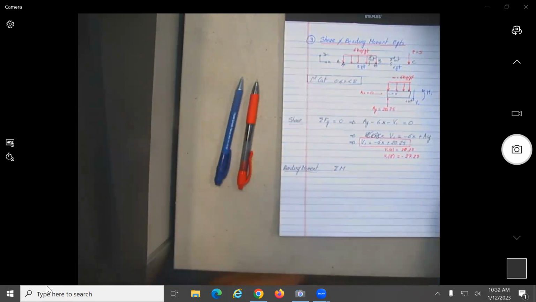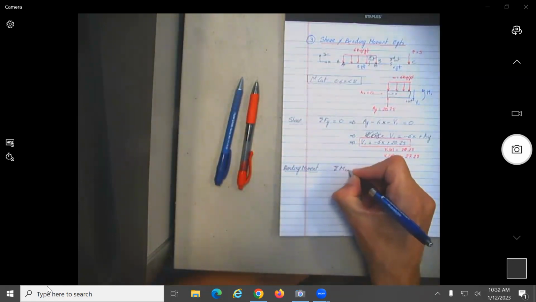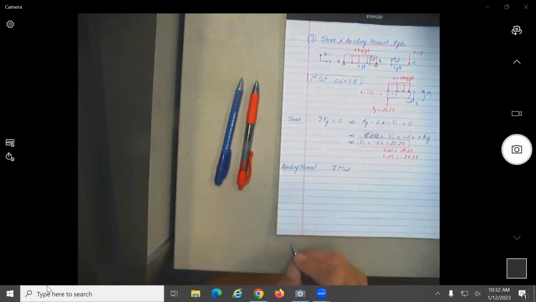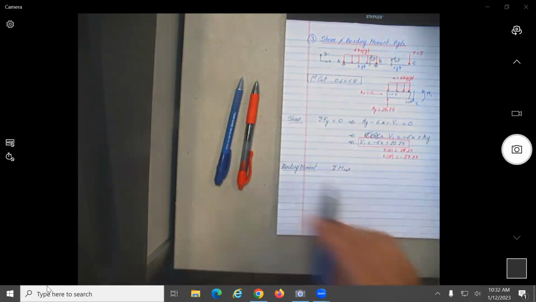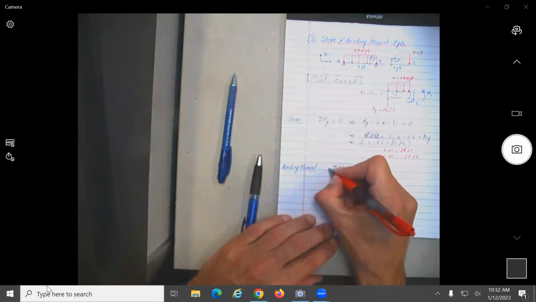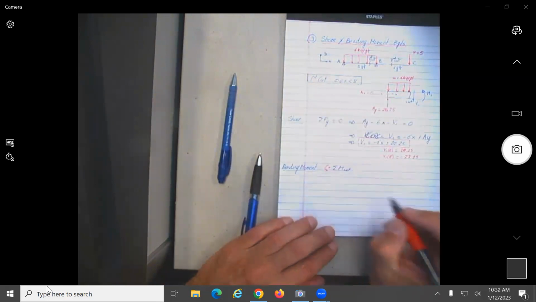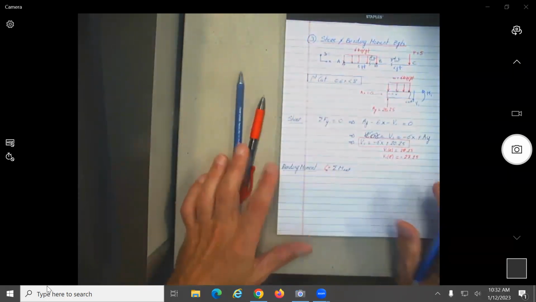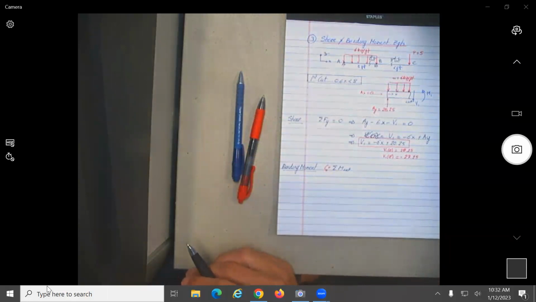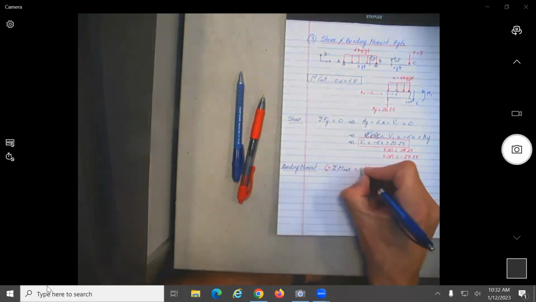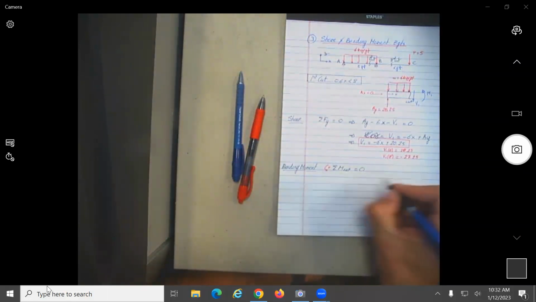Just always use the same point about which you're going to take the moments. What would be that point? Always take it about the cut. It makes life a lot easier. Again, I like that you specified the direction of the moment. So this should be equal to 0. So this will give you what?